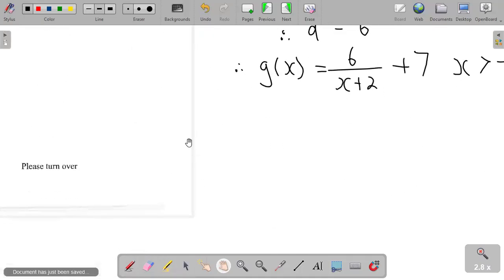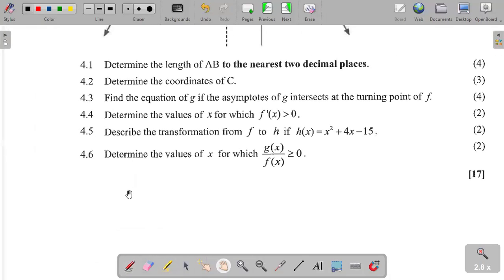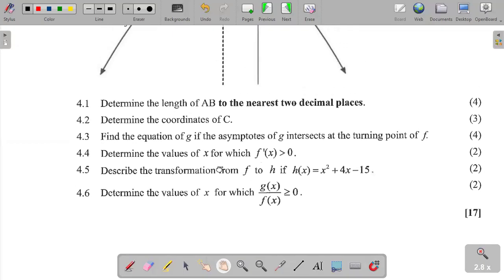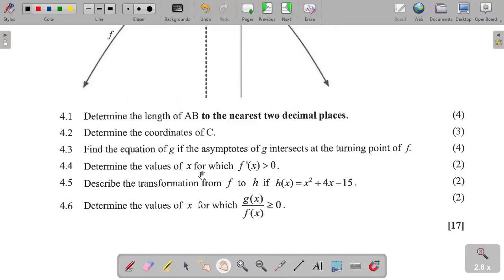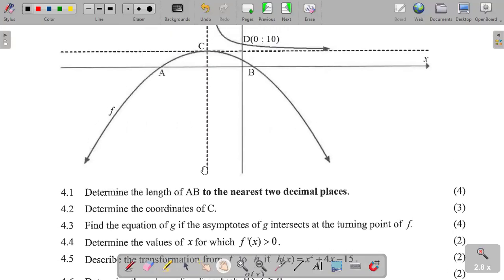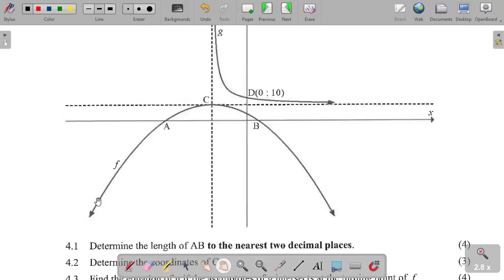And then 4.4. What do they want for 4.4? They say determine the values of x for which f prime of x is greater than 0. Okay, so for which f prime of x is greater than 0. Isn't it at the turning point here? So that means where the gradient is positive.